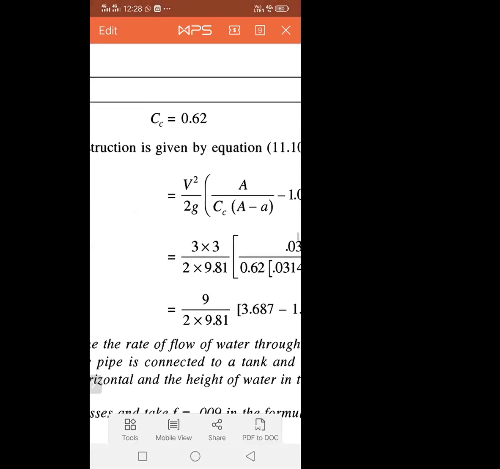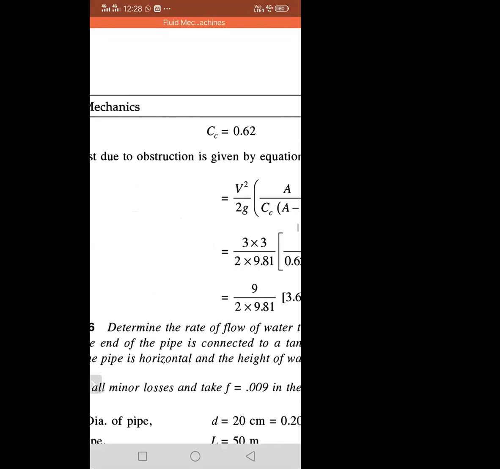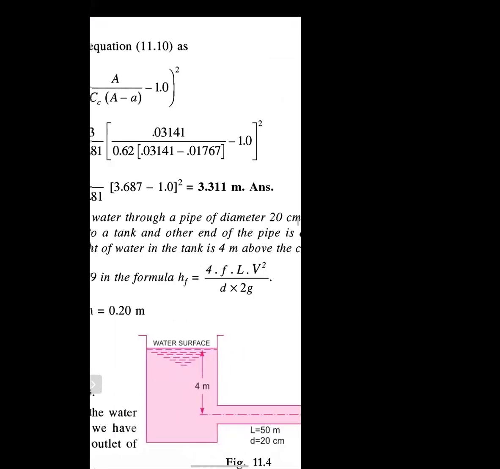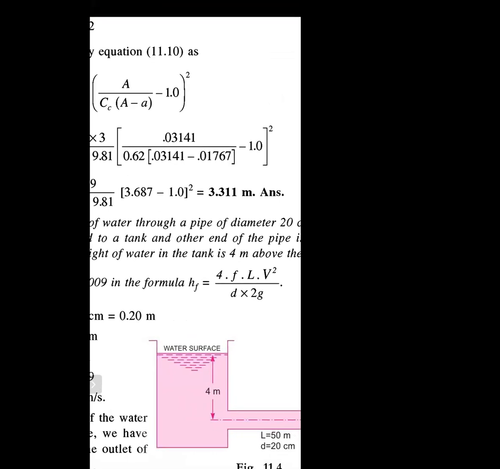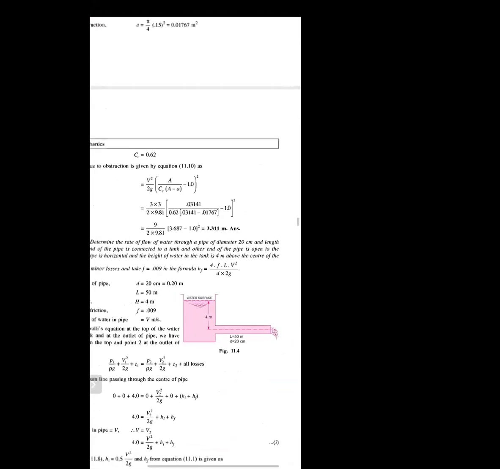Put all values in this formula and calculate head loss due to an obstruction, which is 3.311 meter. For solving these problems, you should know the formula and the proper notation used in it, so that we will solve the problem correctly.